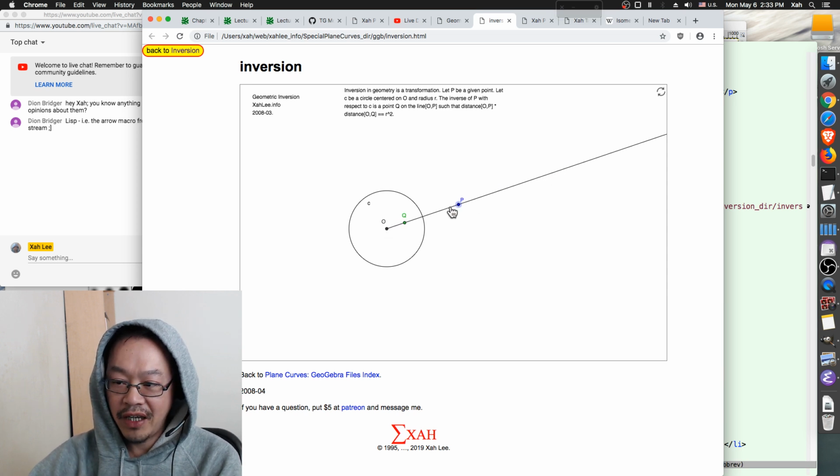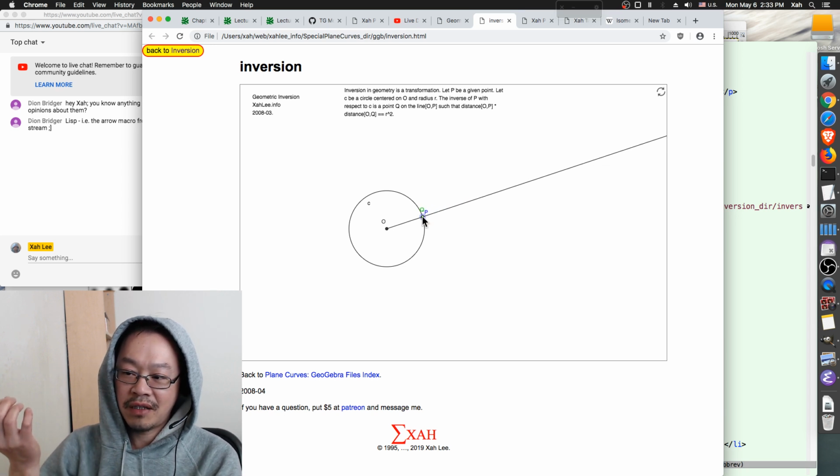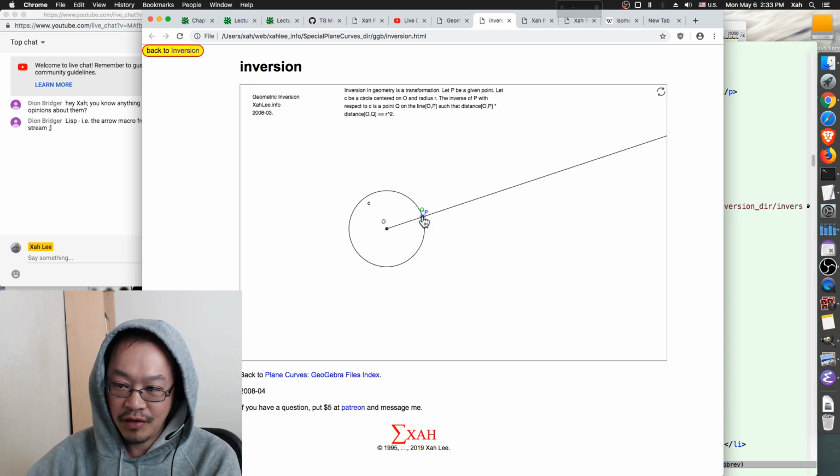Now, if P is on the circle, then its inversion point is itself, basically on the circle too.